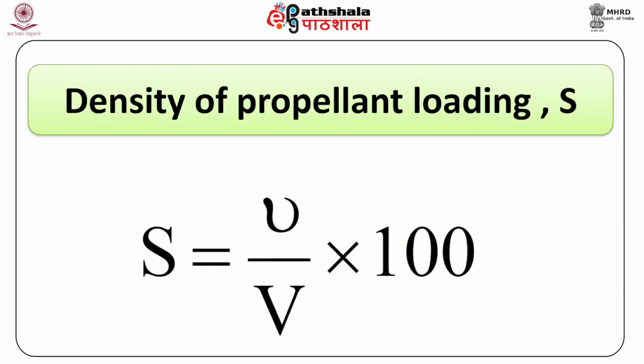An important factor which affects the rate of combustion is the density of propellant load. Density of propellant loading is given by the formula S = (V/μ) × 100, where S is the density of loading, V is the volume of the cartridge case, and μ is the volume occupied by powder. In rifle cartridges, the loading density varies from 75 to 95.